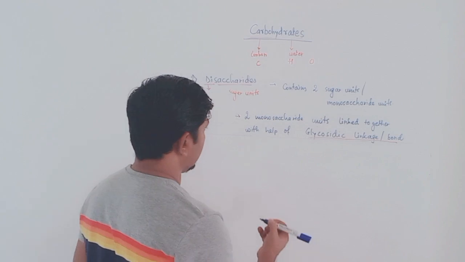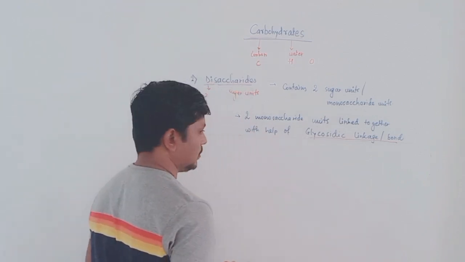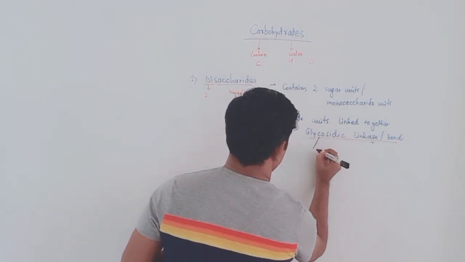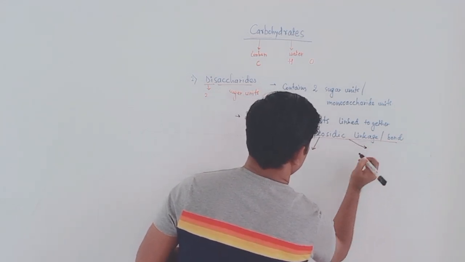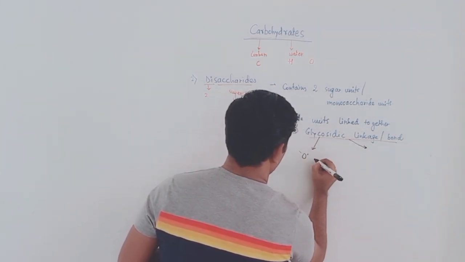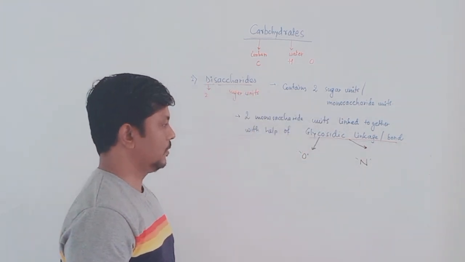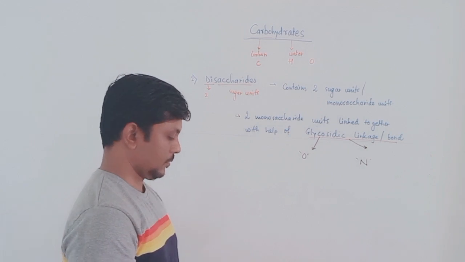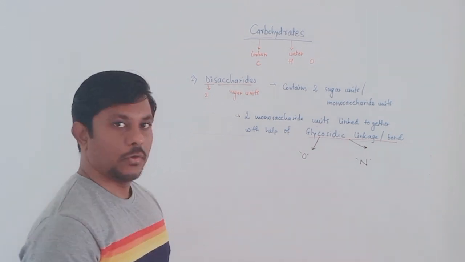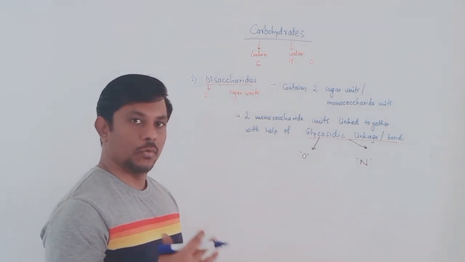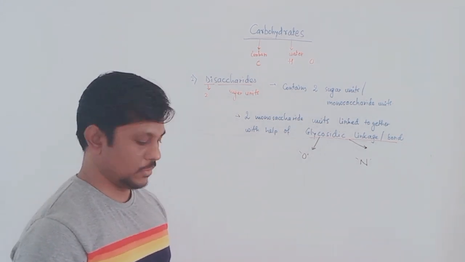So there are two kinds of glycosidic bonds. That is O-glycosidic bond and N-glycosidic bond. So how will you get O-glycosidic bond and how will you get N-glycosidic bond?